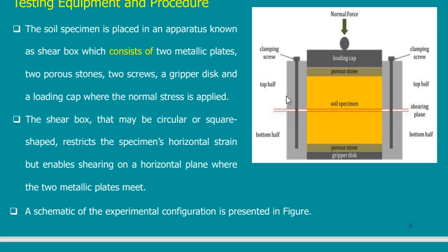When I push the sample from the top, the sample will start to move. There will be something in the machine to record the horizontal stress that I'm applying and the amount of deformation or the movement that is happening. So I will have two things. I will have a normal force affecting this section.